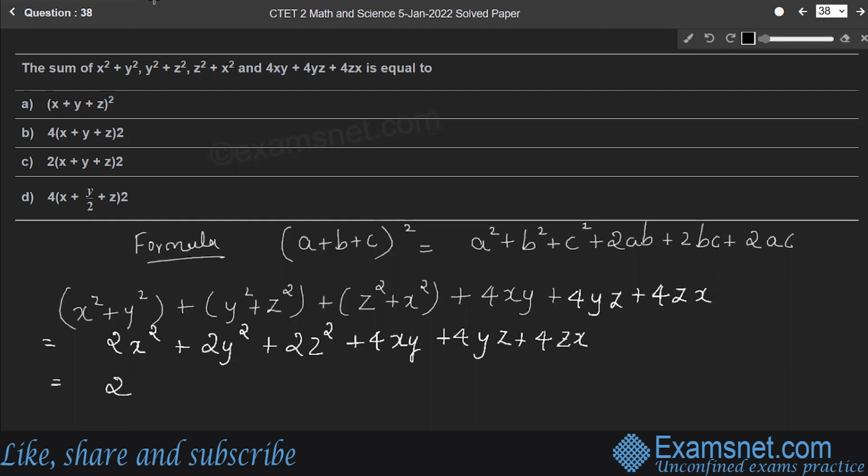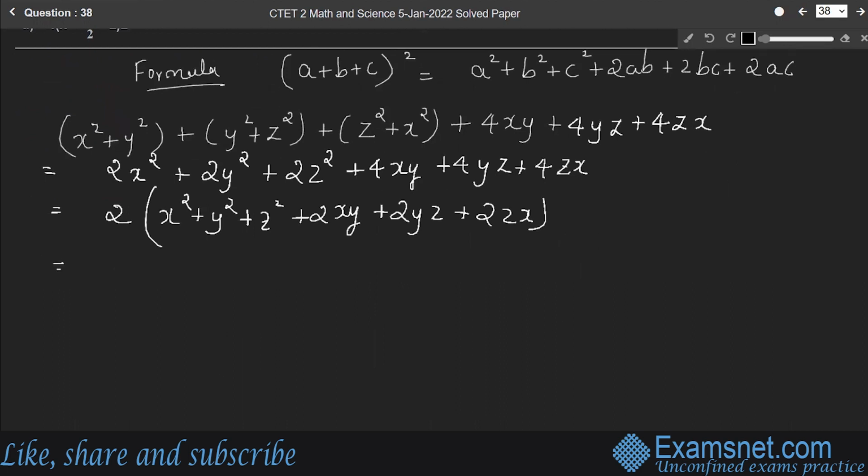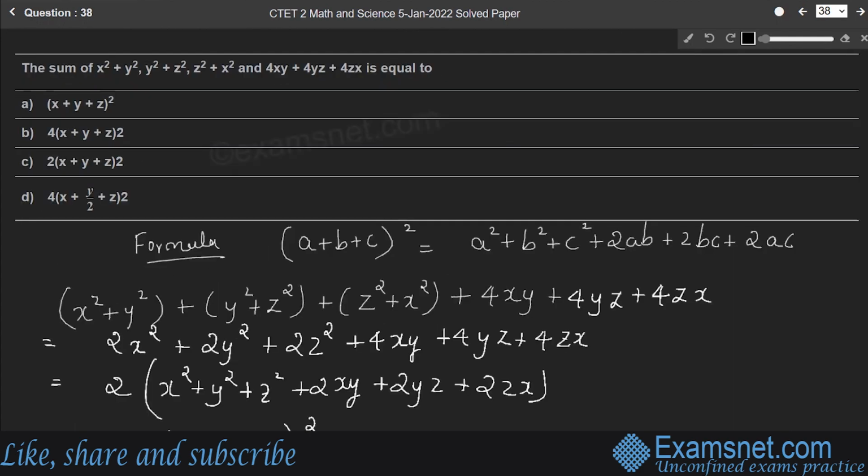So 2 is the common factor here. x square plus y square plus z square plus 2xy plus 2yz plus 2zx. So which is equal to 2 times x plus y plus z whole square. Therefore, option C is the right answer.